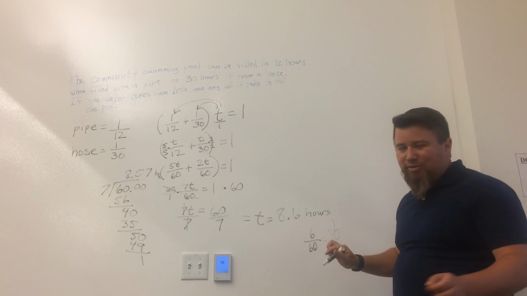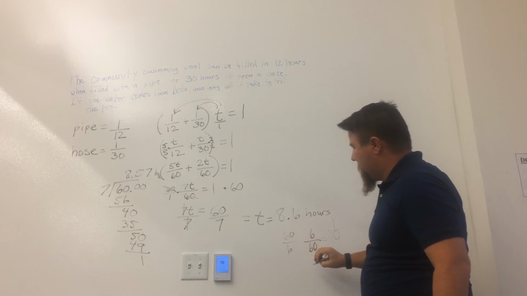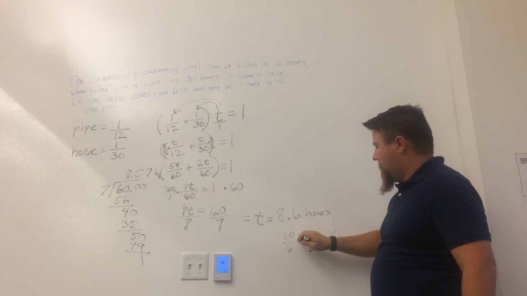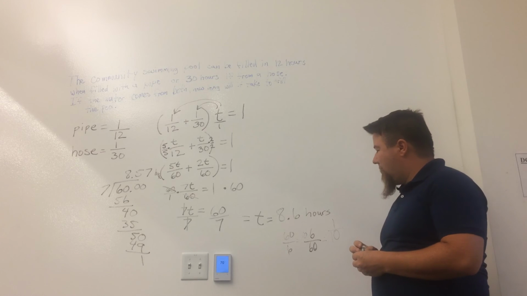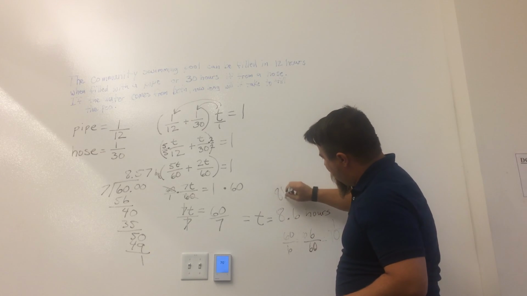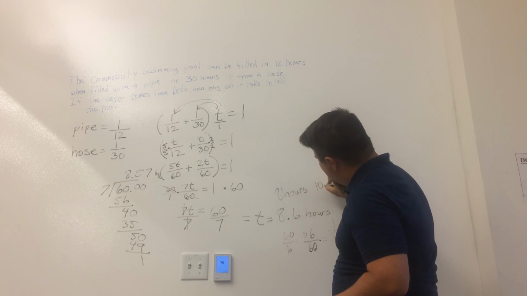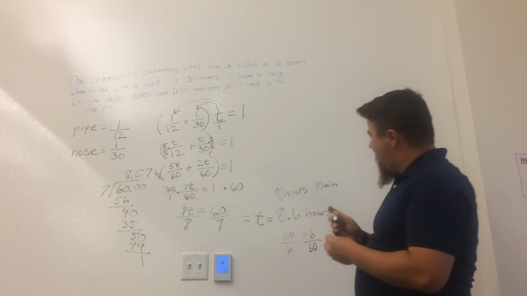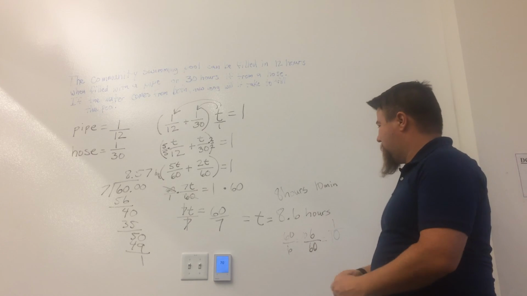So maybe I did it backwards. Maybe it's supposed to be 60 over 6, and then you get 10 out of that. So then it would be 8 hours and 10 minutes.